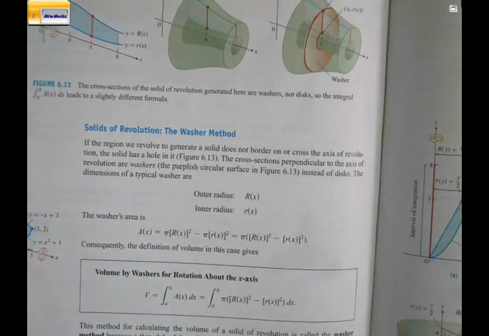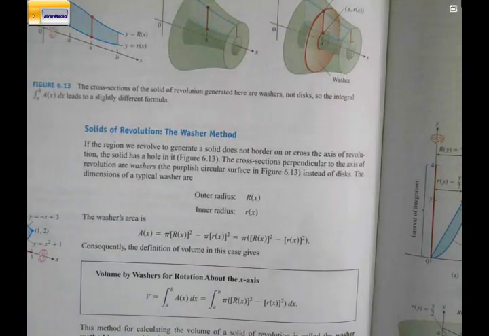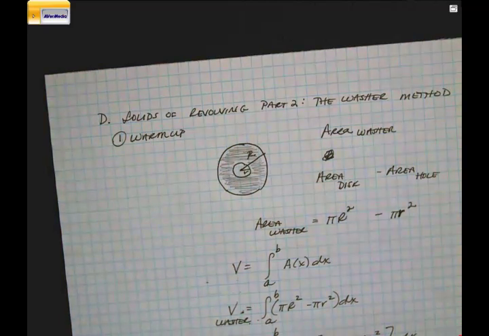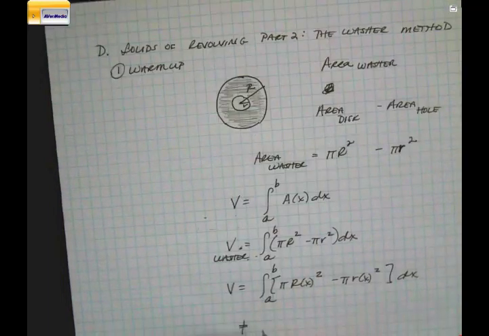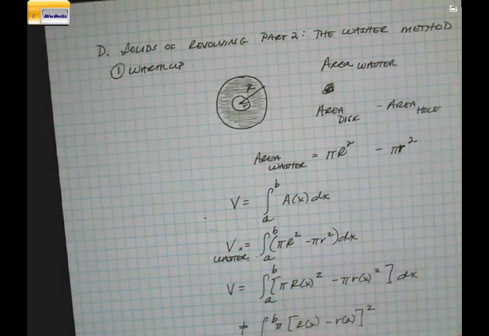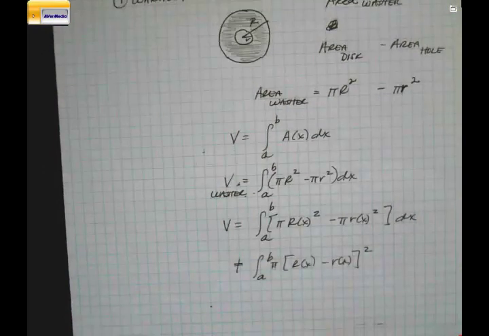Now, something you must be very careful of. It's a common mistake, and even I have to be very careful when I'm doing these that I don't make this mistake. You square the radius of each one independently of each other. This is not the same thing as R of x minus r of x, squared. This is not correct.